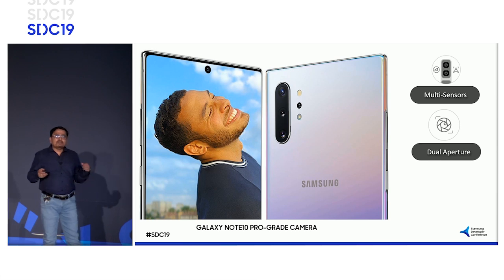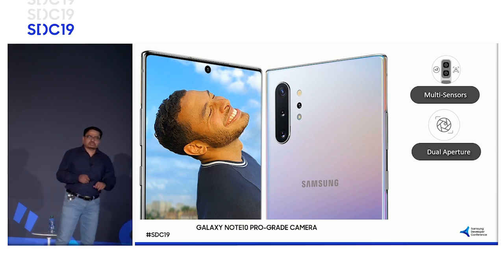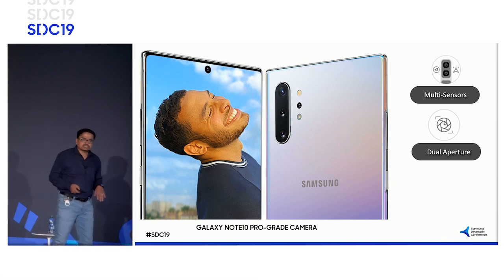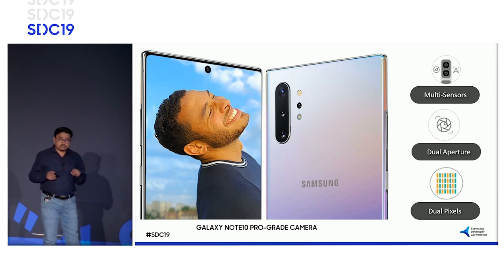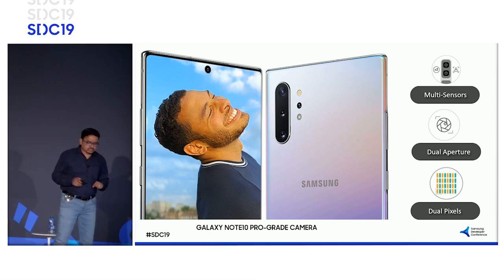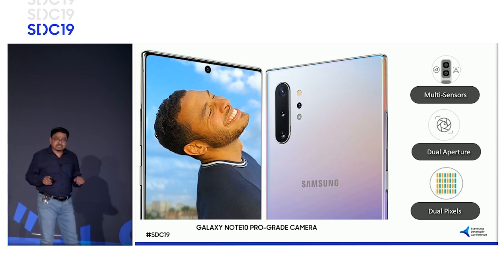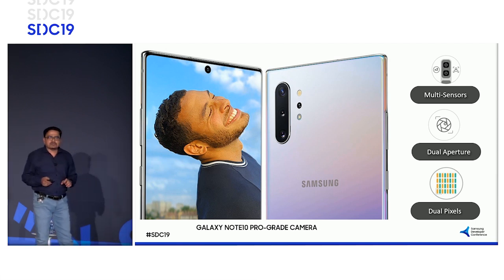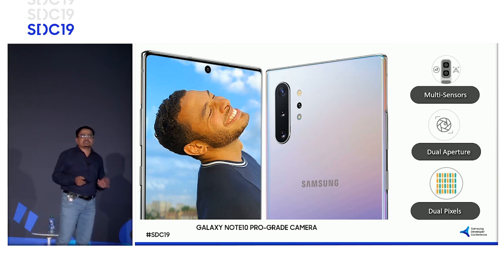It also has big pixels and dual aperture, which help you to capture excellent images and videos in different lighting conditions. It has dual pixels, which help for quick and fast autofocusing. And it has a depth vision camera, which enables new AR experiences. So overall, the powerful camera system really makes Galaxy Note 10 a pro-grade camera.